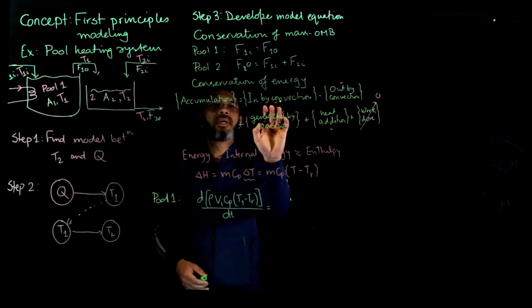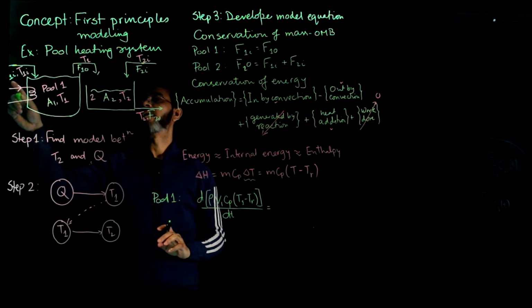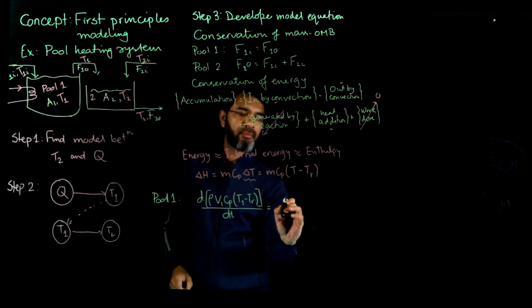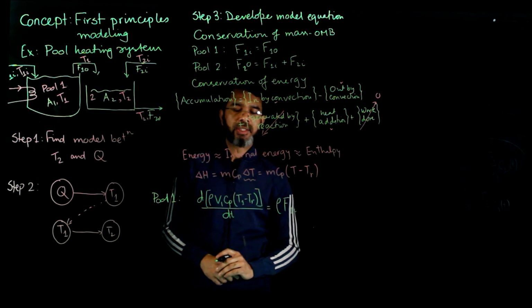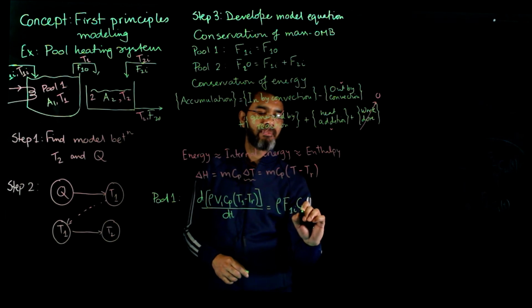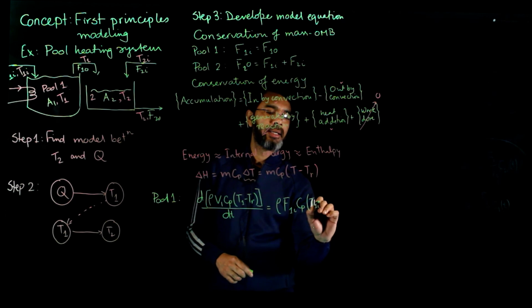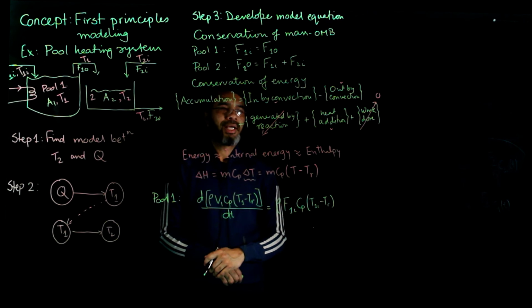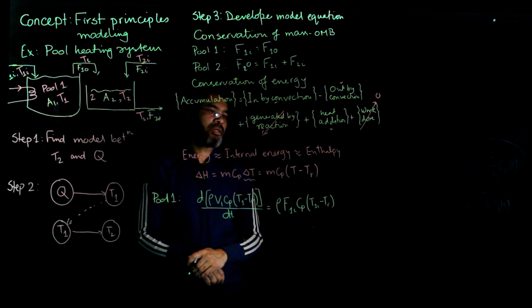Again the first term, energy in by convection, will be for this stream coming in. So it will be flow rate F1i multiplied by rho, we will get the mass. Cp remains the same, and the delta T is T1i minus Tr. So that's the energy in by convection.